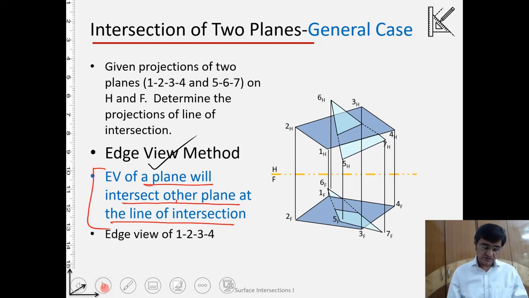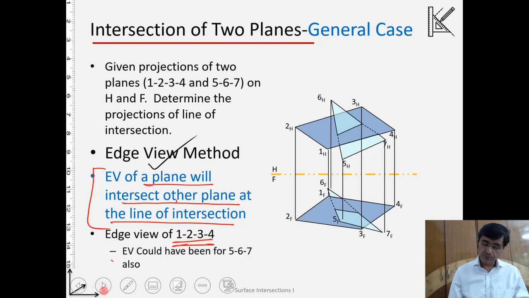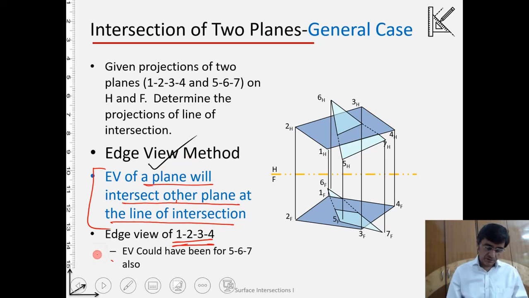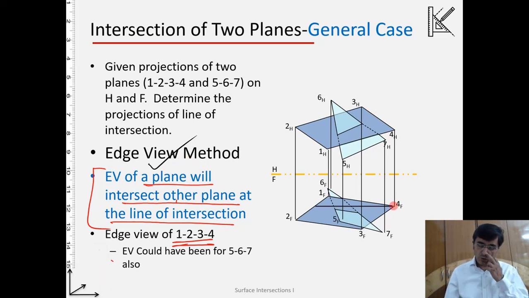With this concept, let us make the S-view of 1 2 3 4. How to make the S-view of this 1 2 3 4, we know it from the S-view method. From 4 I draw a line parallel to the horizontal plane.